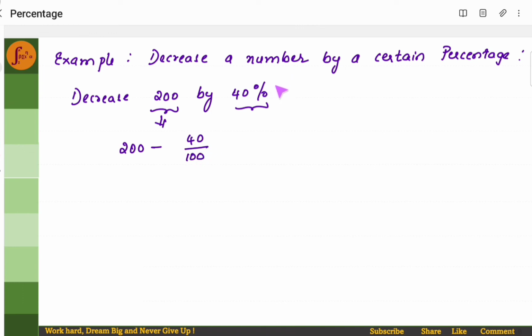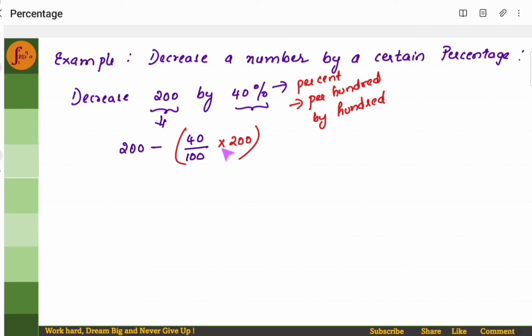What did I say? Whenever you see percent, it is nothing but per 100, or by 100. So I've written it as 40 by 100. 40 by 100 of what? Of 200. So I have to multiply with 200.